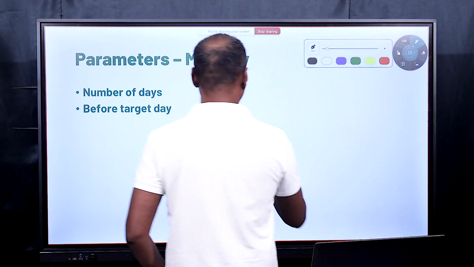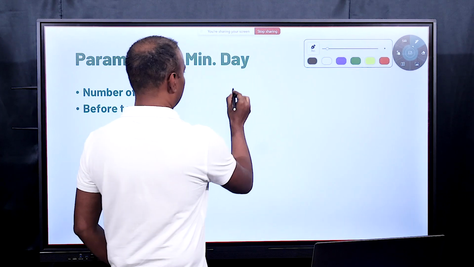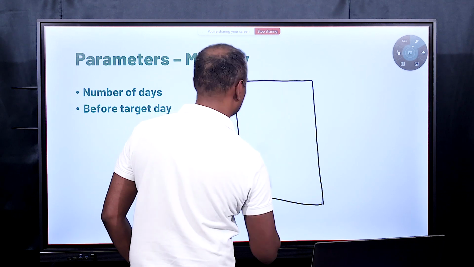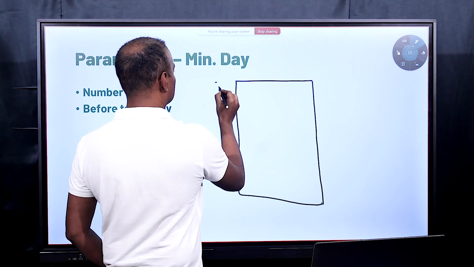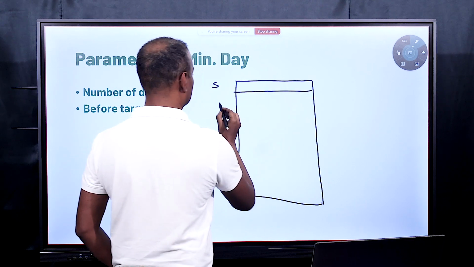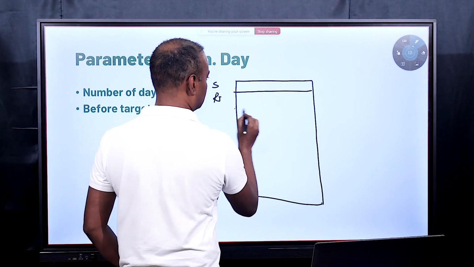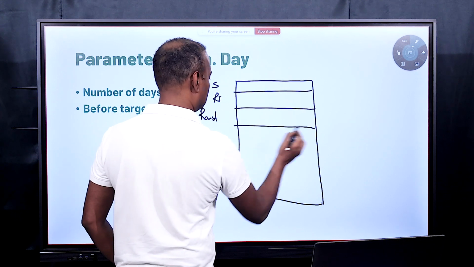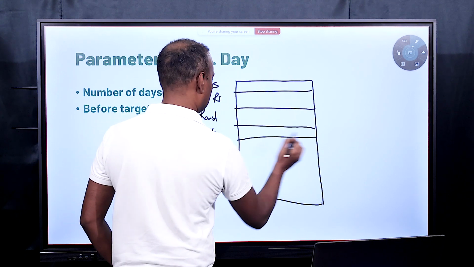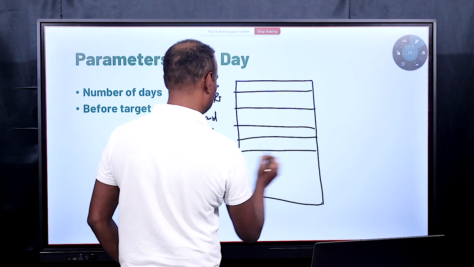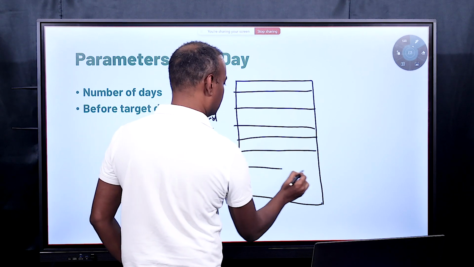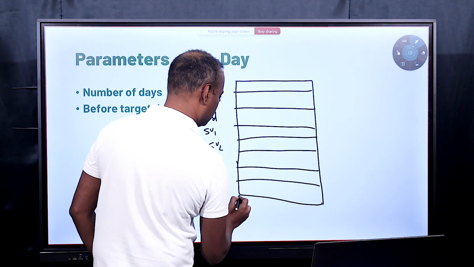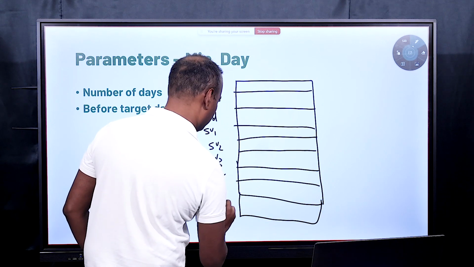For example, we will take one more scenario where in a clinical trial we will have a screening visit, run-in visit, randomization visit, scheduled visit 1, scheduled visit 2, scheduled visit 3, scheduled visit 4, completion and follow-up.